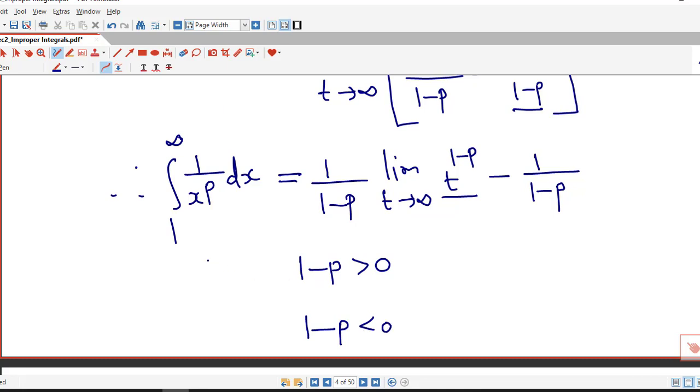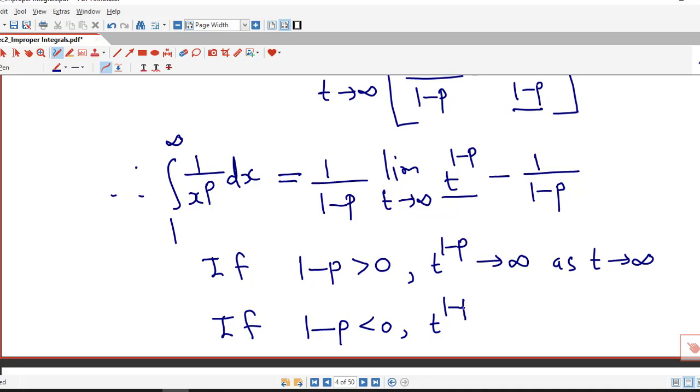If 1 minus p is positive, then t raised to 1 minus p tends to infinity as t tends to infinity, and if 1 minus p is negative, t raised to 1 minus p tends to 0 as t tends to infinity.